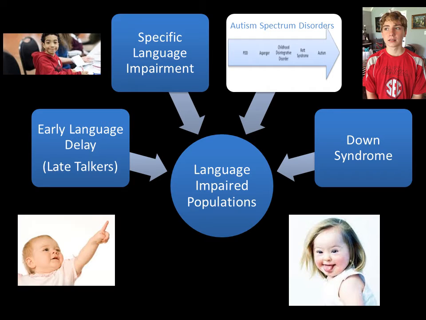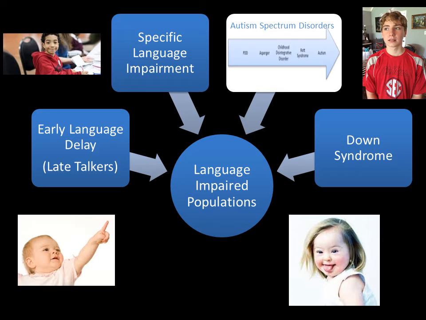Some of these children who have language delay are not just late bloomers, and the language problems do persist. They will eventually be diagnosed with something called specific language impairment. These children are classified around age 4, because there's such a large population of late talkers that outgrow their language delay.